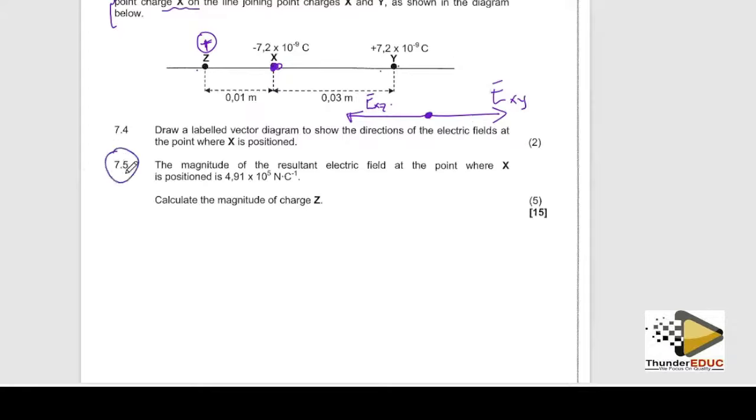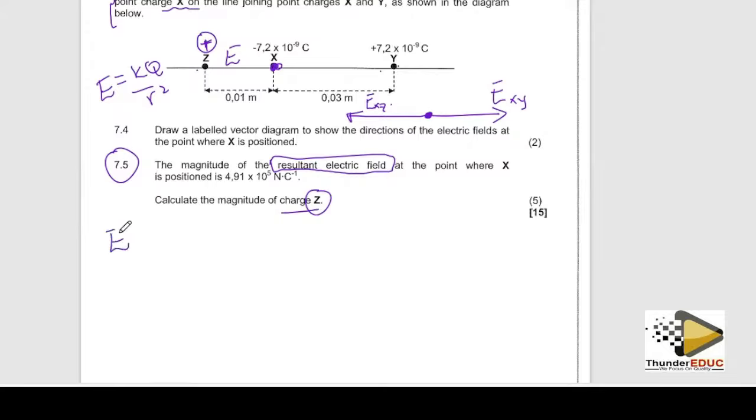Then 7.5, they're telling us the magnitude of the resultant electric field. Remember, electric field is given as KQ over R squared. First of all, we need the magnitude of Z. So we're going to get the electric field in this direction, and then the electric field in this direction also.